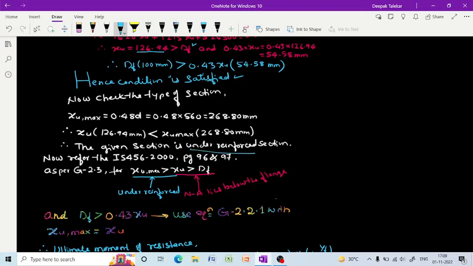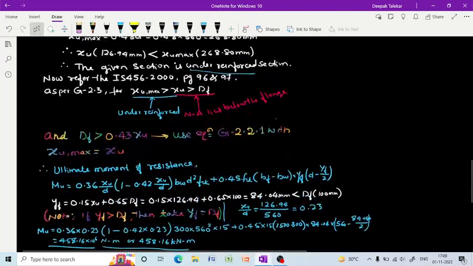So now refer to IS 456 2000, page numbers 96 and 97. Now look at the condition G 2.3. It is given that if XU max is greater than XU, greater than DF, XU max is greater than XU means, if you read it in reverse way, XU is less than XU max, that is under reinforced. XU is greater than DF means it lies below the flange. If that is the case, you read the further two conditions, whether DF is greater than or less than.